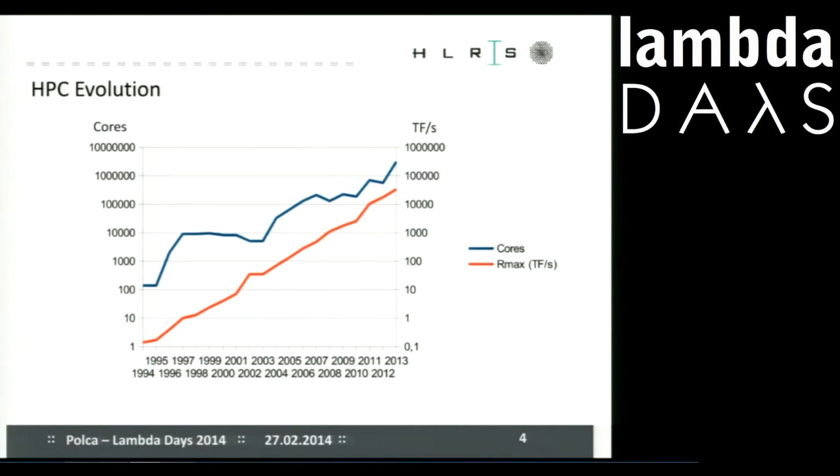On the right column, which corresponds to the orange line, is how many teraflops per second that machine was able to deliver. Right now, the biggest machine has around 3 million cores and gives around, I think, 30 petaflops. A flop is a floating point operation.